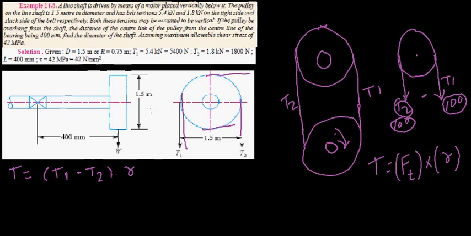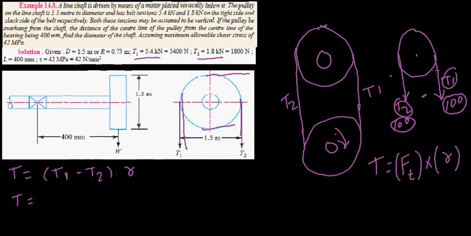So let's say we have this T1, which is equal to 5.4 kilonewtons, and T2, which is equal to 1.8 kilonewtons. So what would be our torque? It's very simple. Torque, as we discussed, is nothing but T1 minus T2.